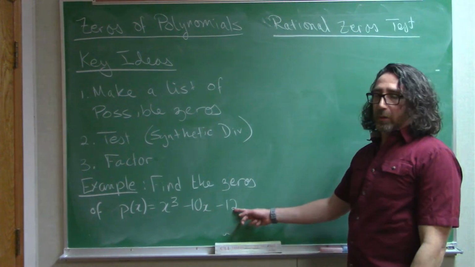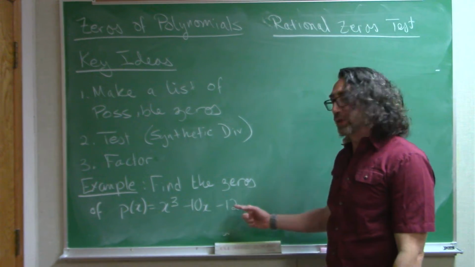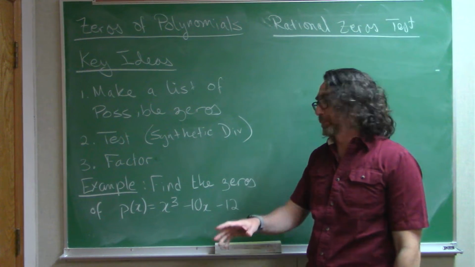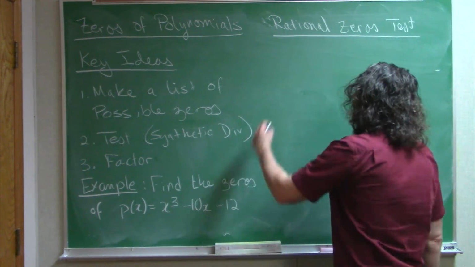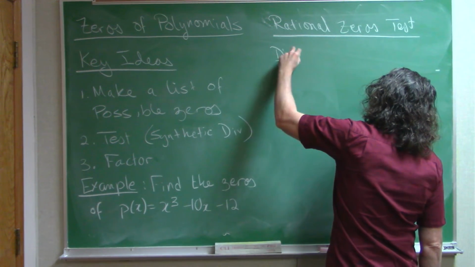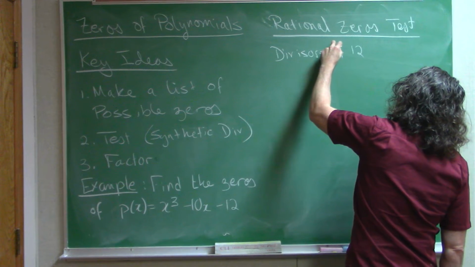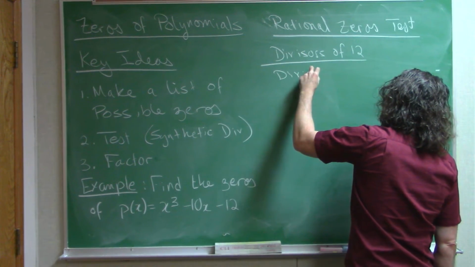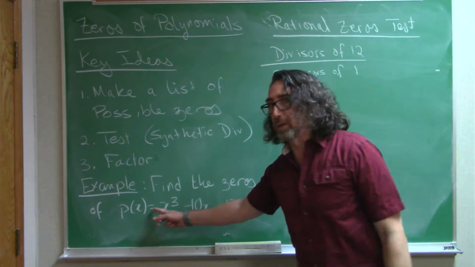So the rational zeros test tells me that if something is a rational number zero, then the numerator has to be a divisor of 12 and the denominator has to be a divisor of 1.